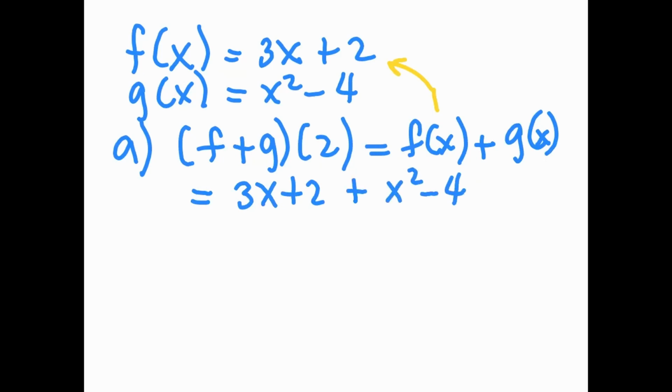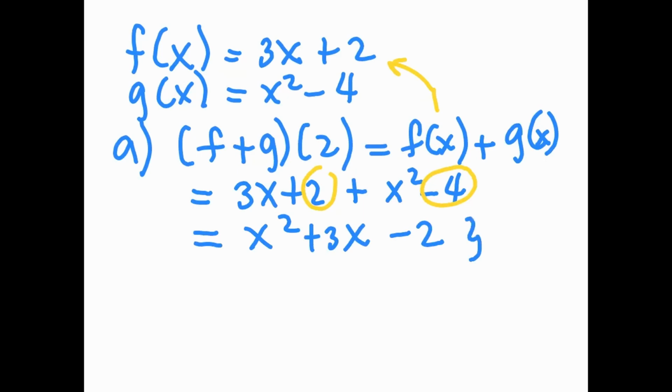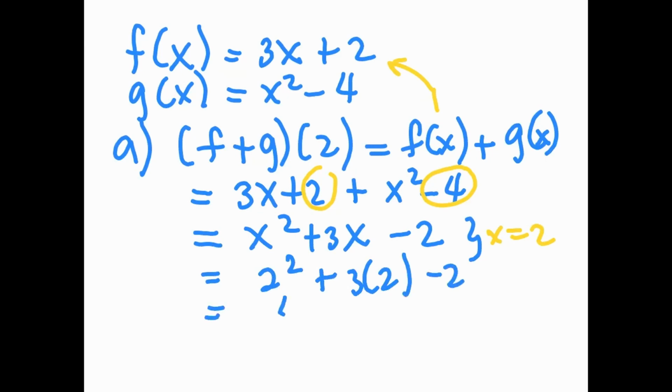Simplifying, this will now be x squared plus 3x, plus 2 minus 4 will be negative 2. Then we'll evaluate this at x equals 2, to become 2 squared plus 3 times 2 minus 2. And this will be 4 plus 6 minus 2, which is of course equal to 8.